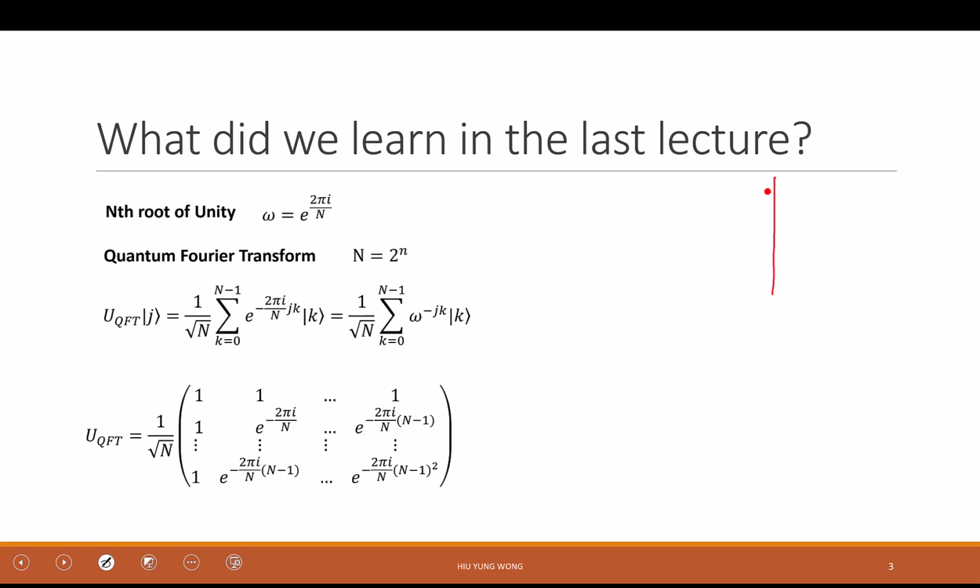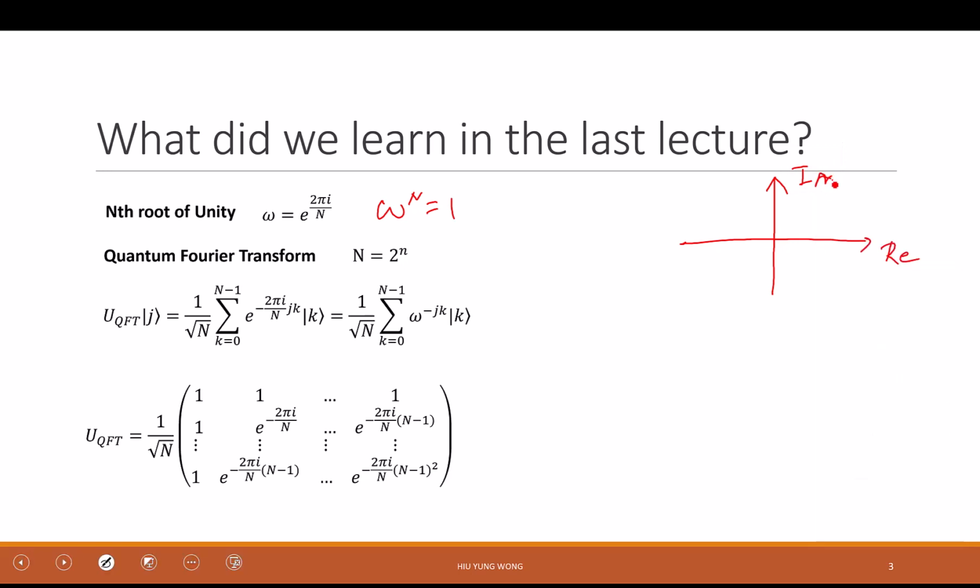We know that the so-called nth root of unity is just that I have a number omega, such that omega to the power n equals 1. That's it. That is the root. And in the complex plane, we have the real part and the imaginary part.